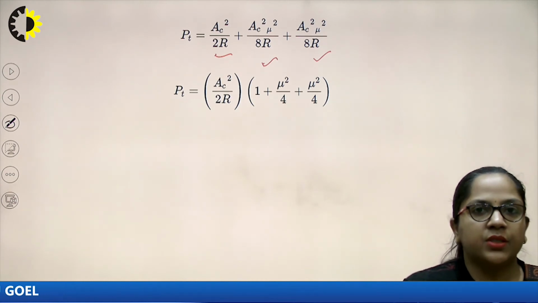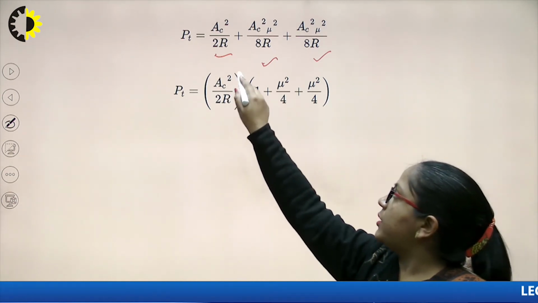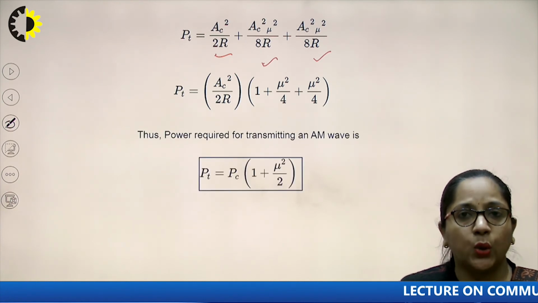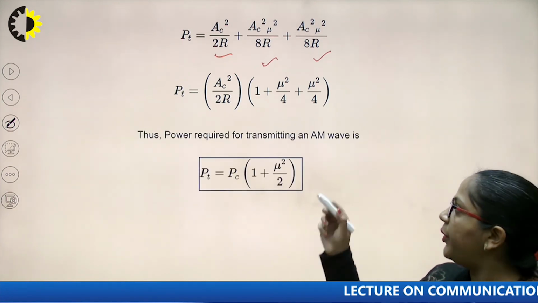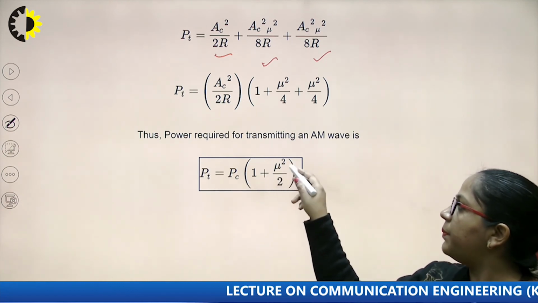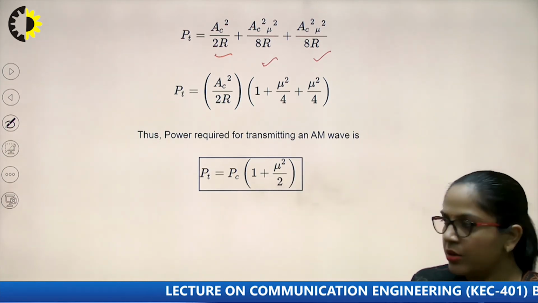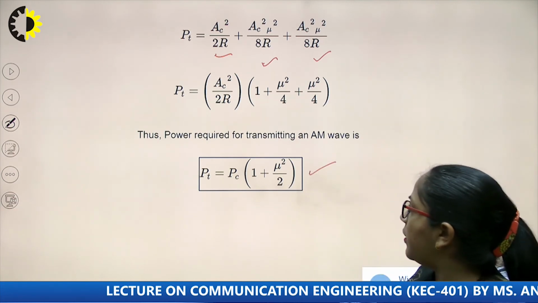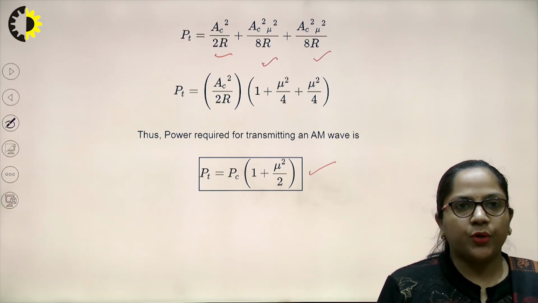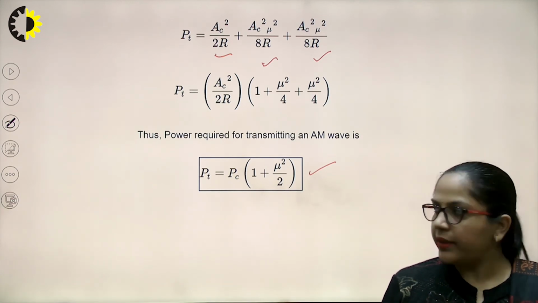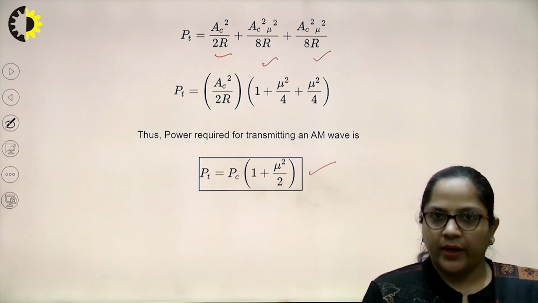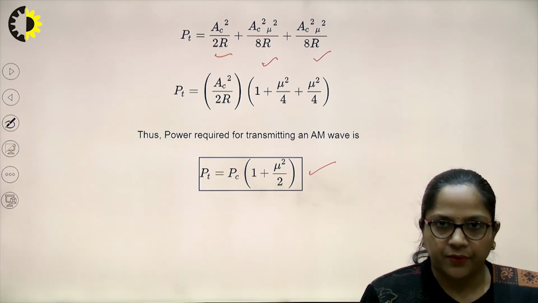Adding these three terms and taking Ac square by 2R common, we get the total power required for transmitting the amplitude modulated waveform equals Pc times (1 plus mu square by 2). So this is the expression for the power required for the transmission of an AM wave.